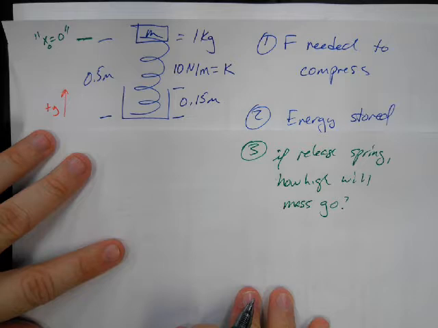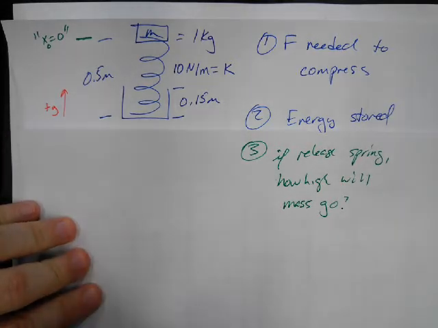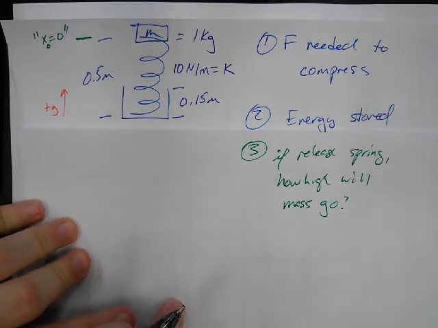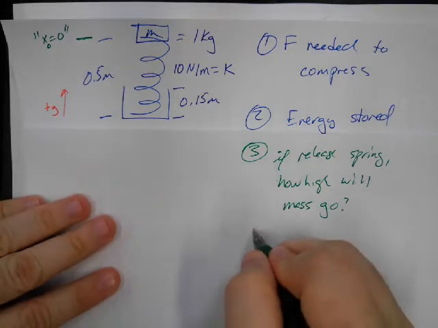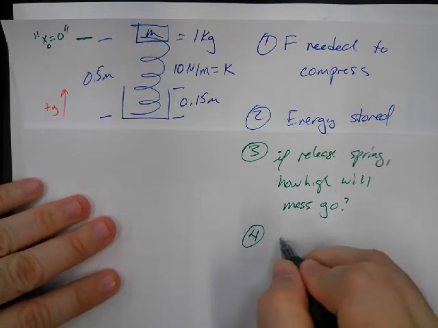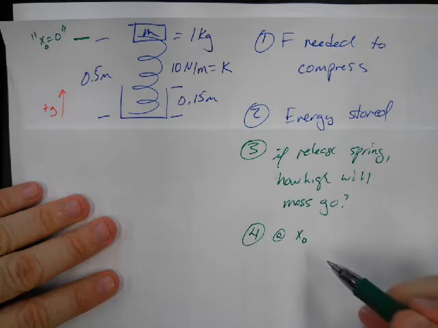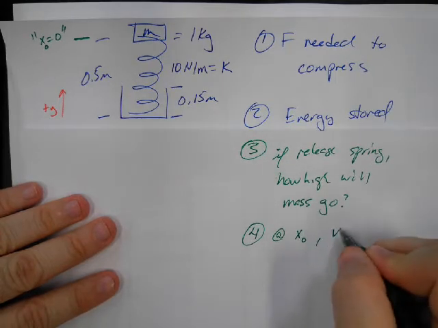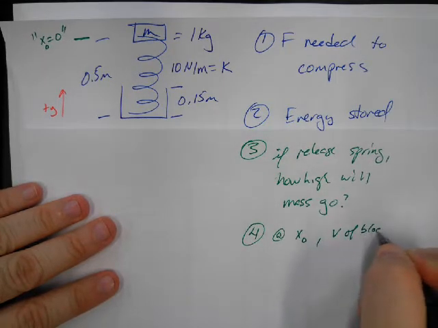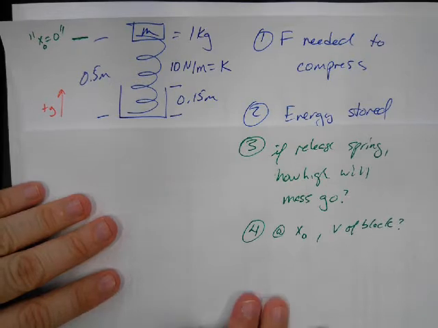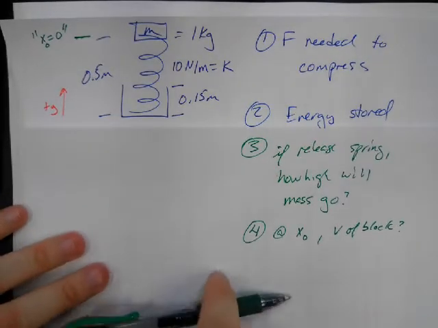This is an energy problem. And I'm going to ask a fourth question: at the natural resting point, what is the velocity of the block? That's a reasonable question to ask. So we'll do 3 first.